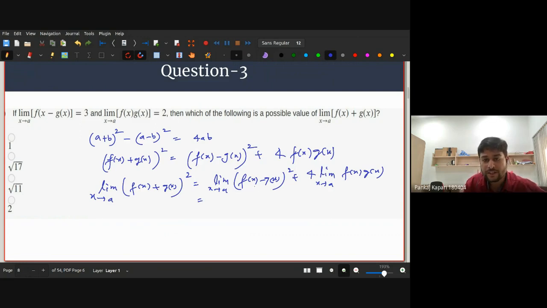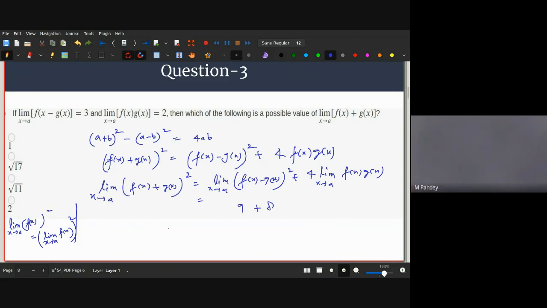The limit of f(x) minus g(x) when x goes to a is 3. So when we are finding the limit of the square of this function, by algebra of limits, the limit of the square is just the same as the square of the limit. And therefore this limit is equal to 9, and the product approaches 2, so this is 8, right?